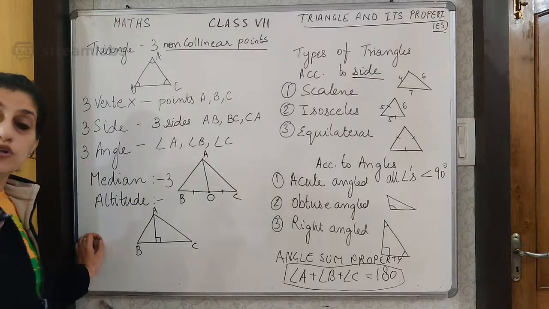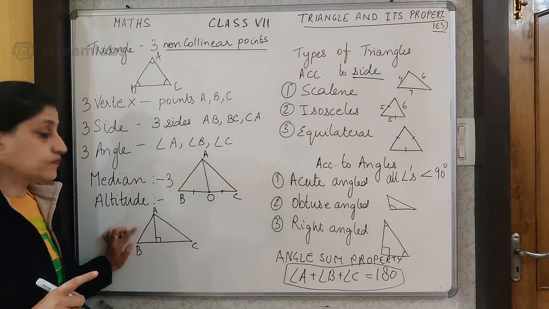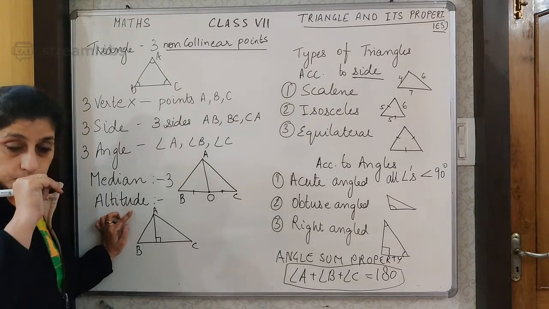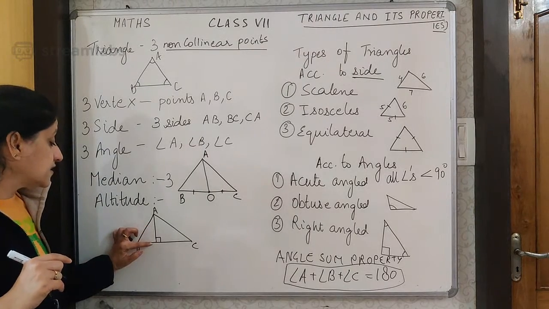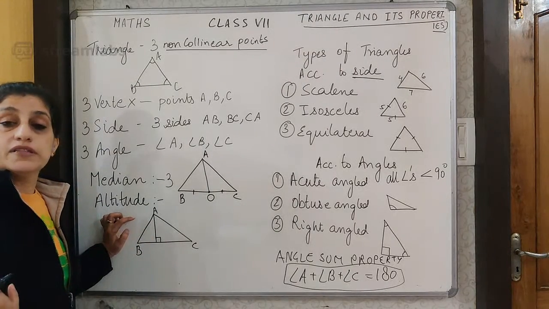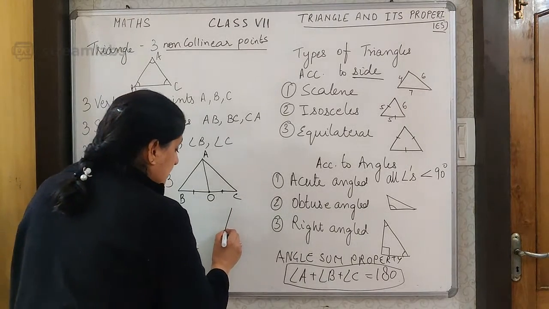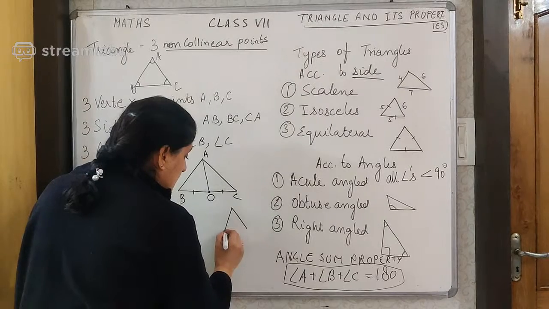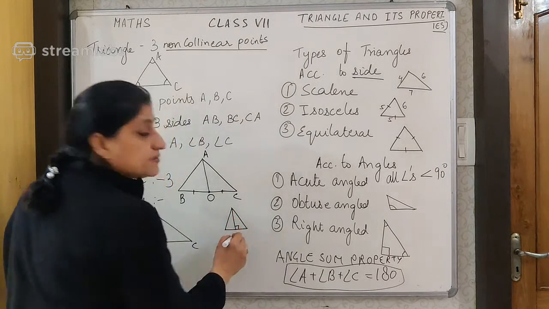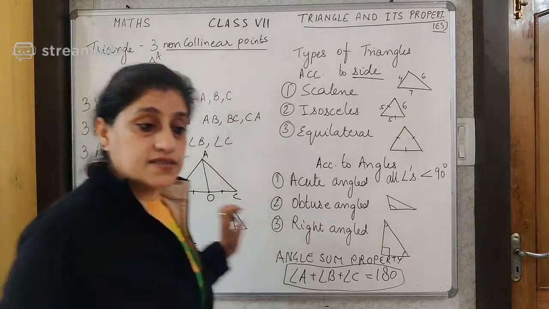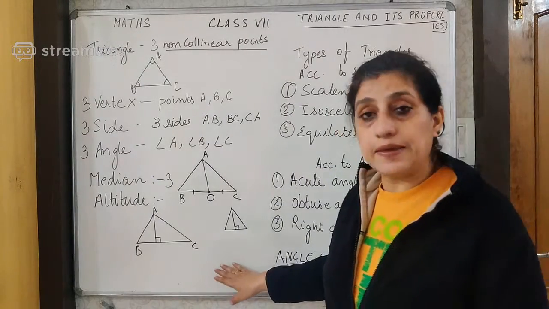It is making an angle of 90 degree with the opposite side. Then it is called the altitude. And this altitude may or may not be the median. Okay. Suppose I have a triangle like this, an isosceles triangle, suppose. This can be the median and the altitude, but it is not necessary that every time the median and the altitude will be the same.